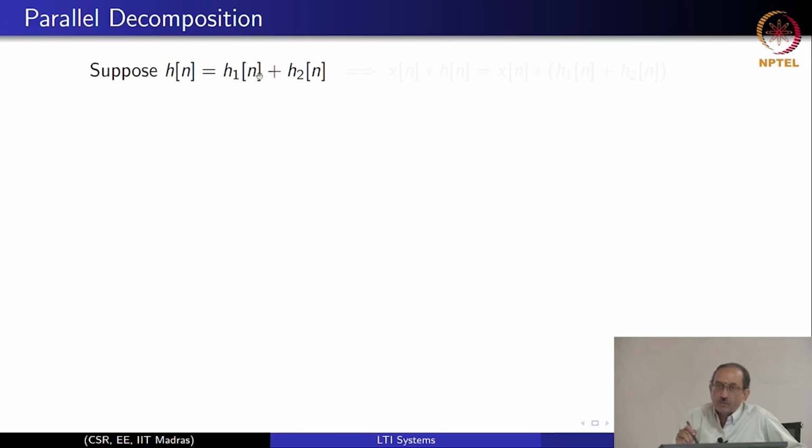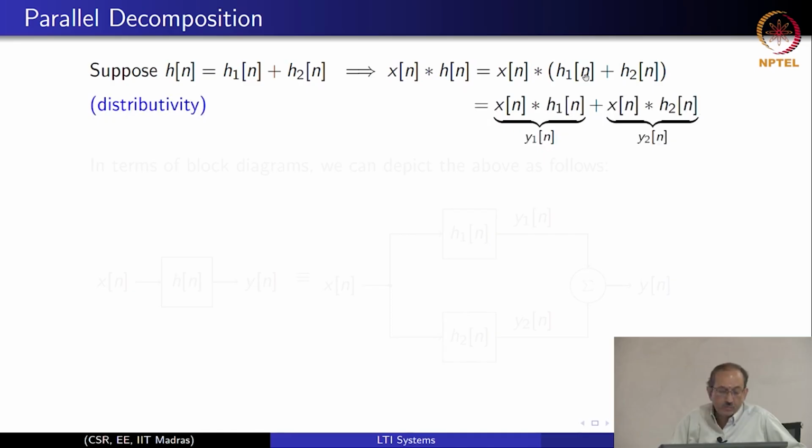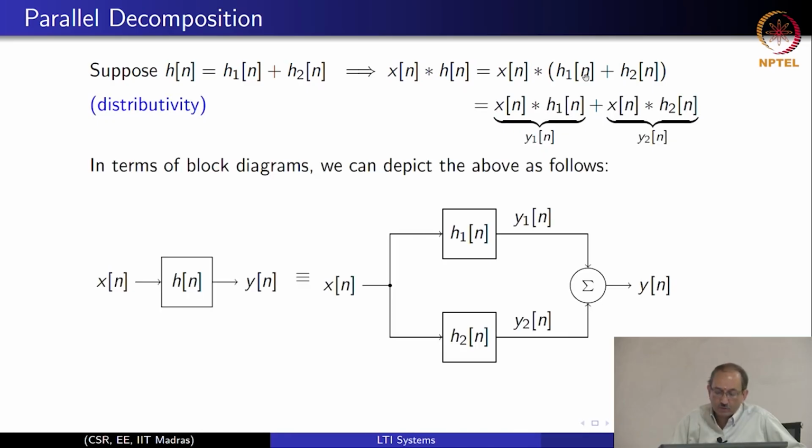So this is broken down into h1 plus h2, so that x of n convolved with h can be represented as x of n convolved with h1 plus h2, and then we use distributivity and get y1 and y2 as follows. So in terms of block diagram, you have this original system as given here, it is broken into these two subsystems and you get y of n. So again, to reiterate, you do not get any advantage out of this when the precision is infinite, but under finite precision these things help.